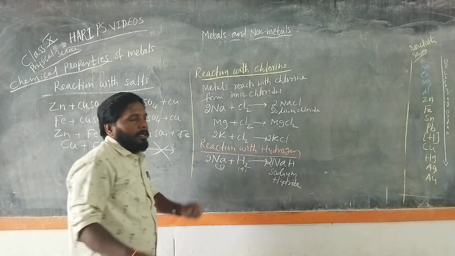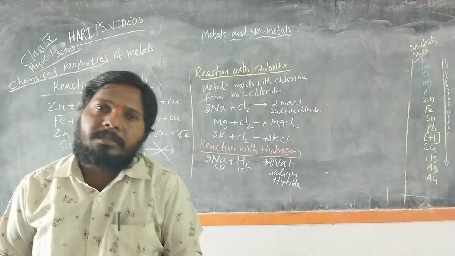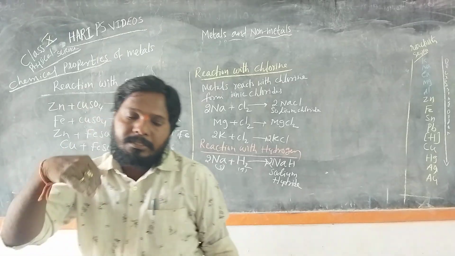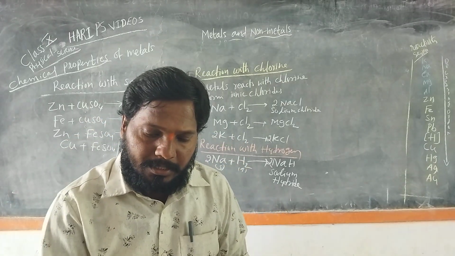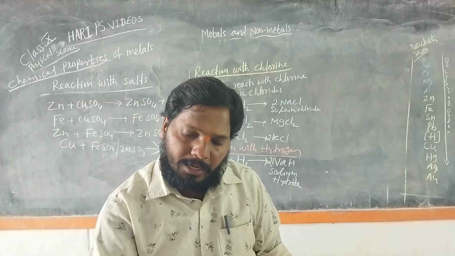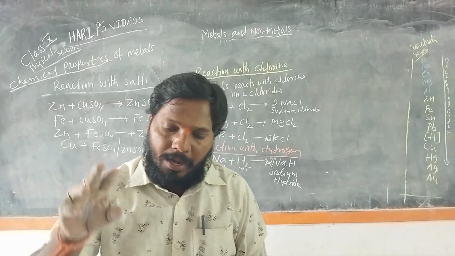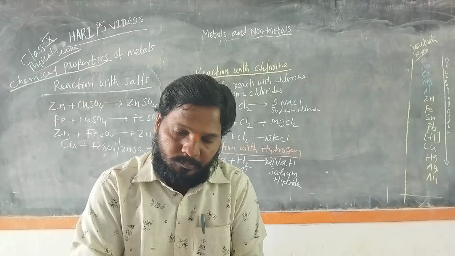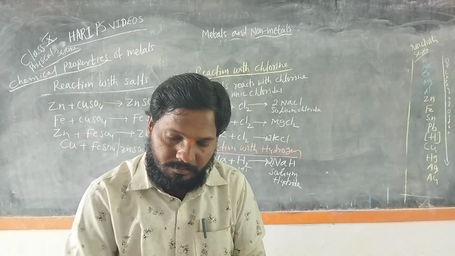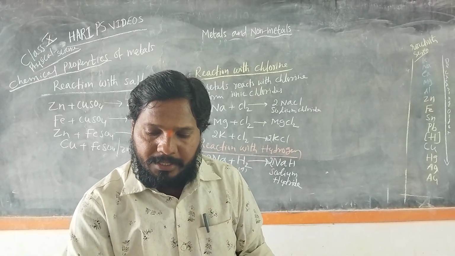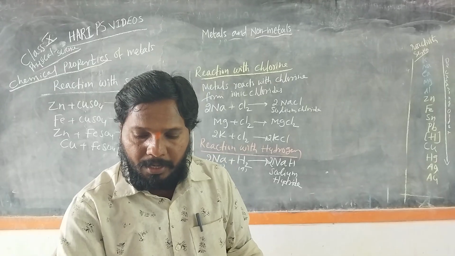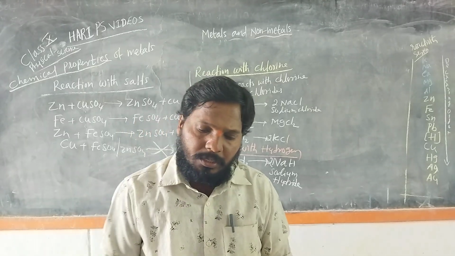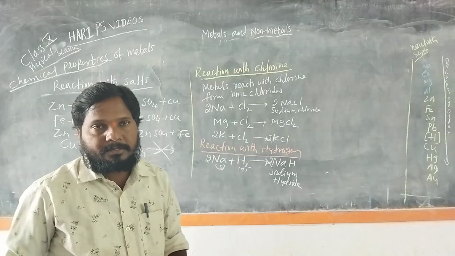Similarly, calcium reacts with hydrogen to give calcium hydride, an ionic compound containing calcium ions and hydride ions. Magnesium also. Comparatively less reactive metals like zinc, copper and iron do not react with hydrogen to form hydrides.